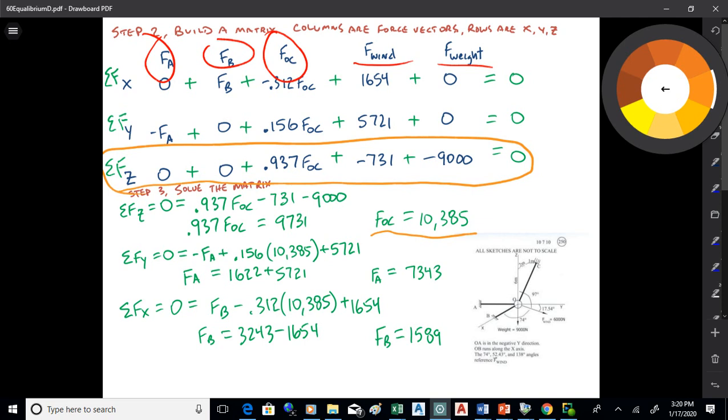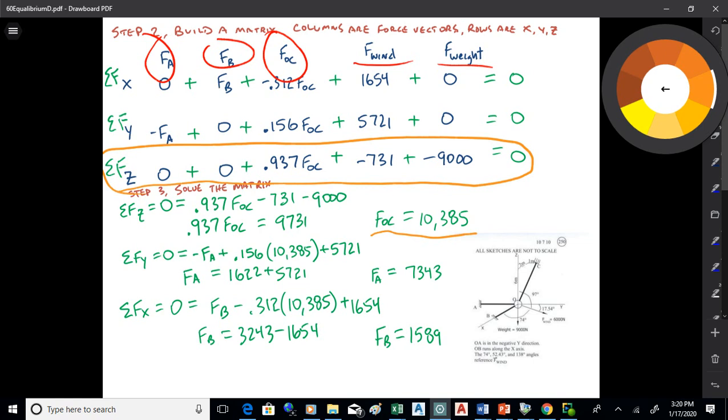Now, once I know what FOC is, I can start plugging that in for each one of these. Every time I see an FOC, I can just plug in the 10,385. So we're good with that.